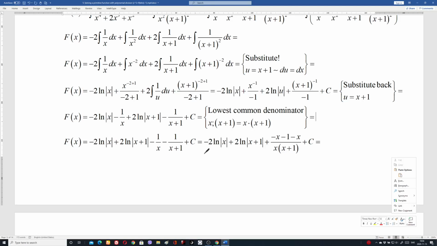So now when I'm taking the lowest denominator, for x plus 1 it is x multiplied by x plus 1. So now I'm saying like this, the minus x, I don't have an x plus 1, so I will put here x plus 1, but when I have a minus, this gives the minus x minus 1.